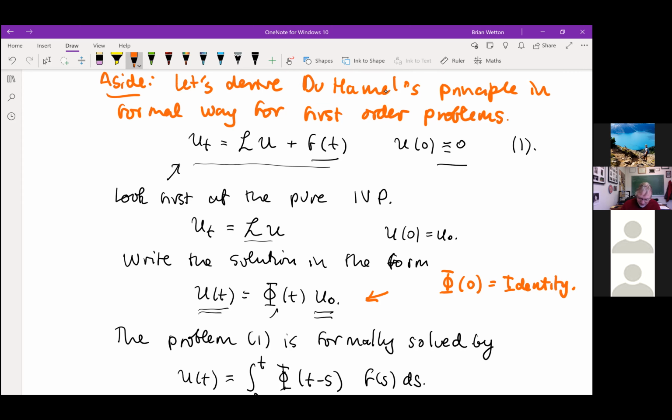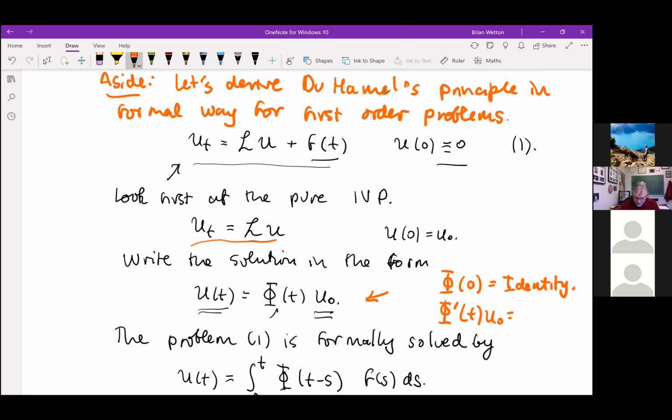The other thing it's got to do is solve the problem, right? And so I know that if I then put it into the differential equation, here is a very formal thing. If I take the time derivative of this operator, this is why it's formal, times any initial conditions, right?